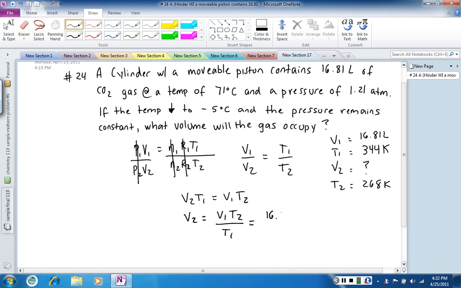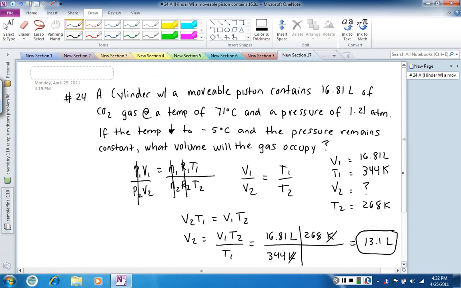V1 is 16.81 liters, T2 is 268 Kelvin, T1 is 344 Kelvin. Our Kelvins cancel, we're left with liters. It works out to be 13.1 liters. 3 sig figs. This is number 24 on the sample final.